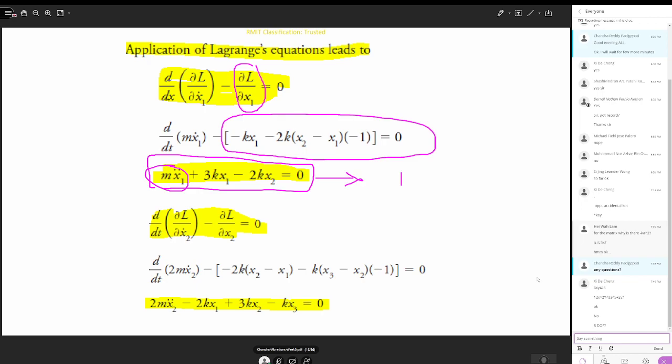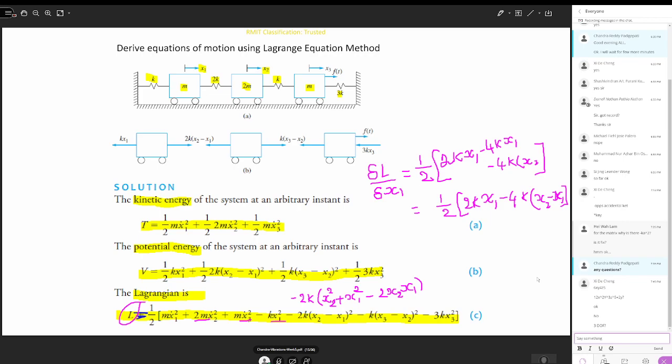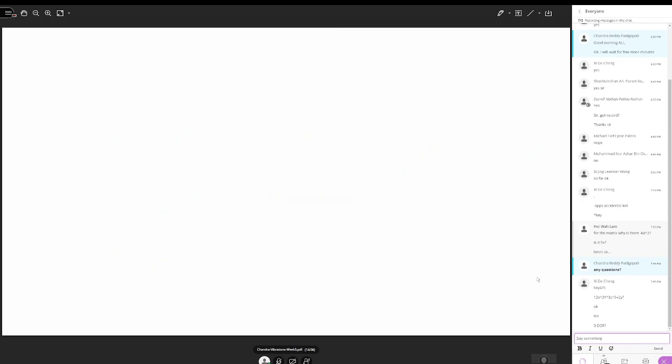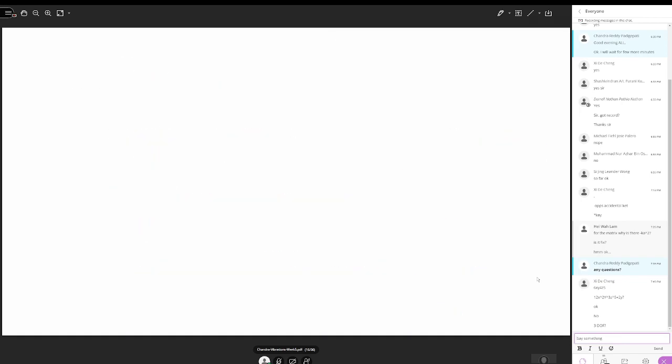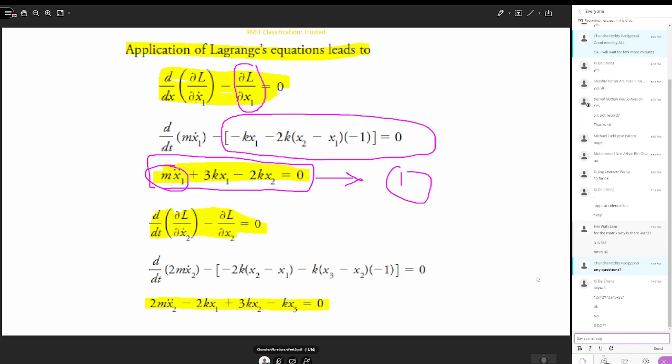So here you are taking the partial derivatives with x1 and x1 dot. There's a minor typo error here. This one should be dt.